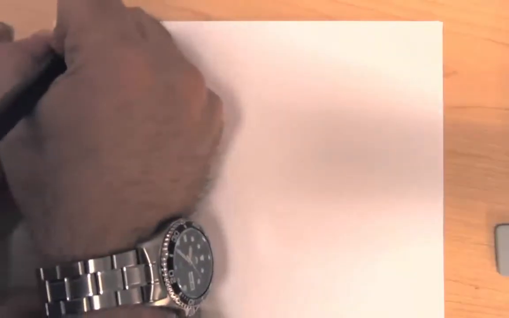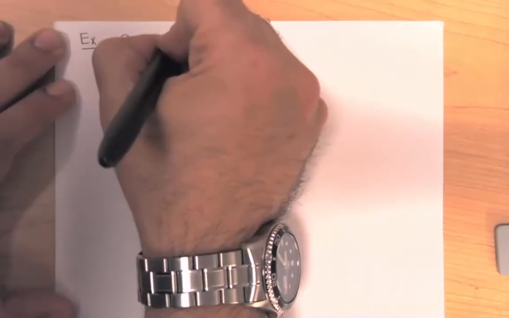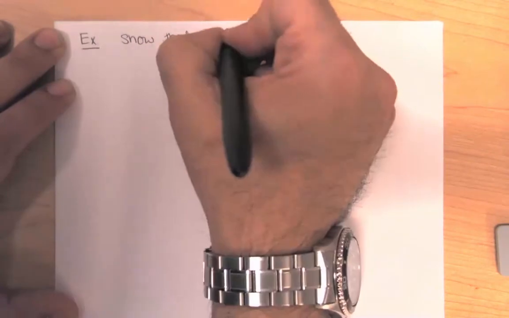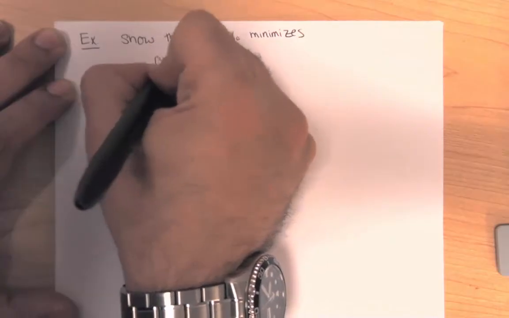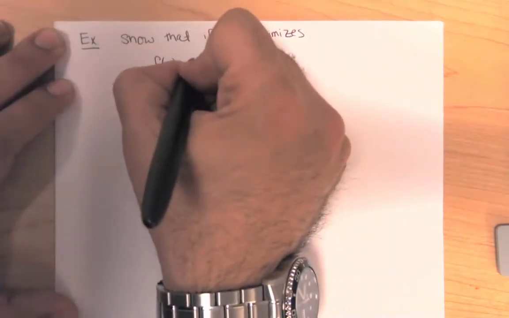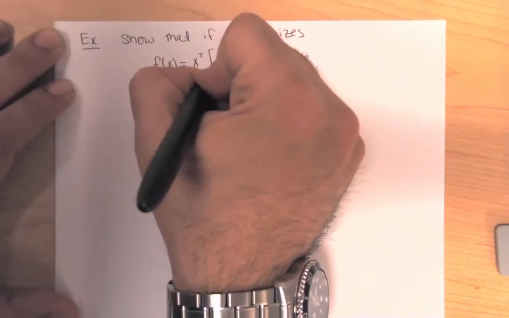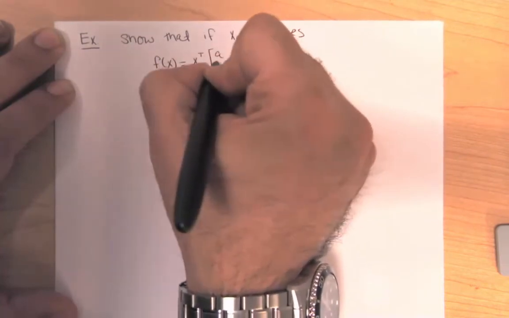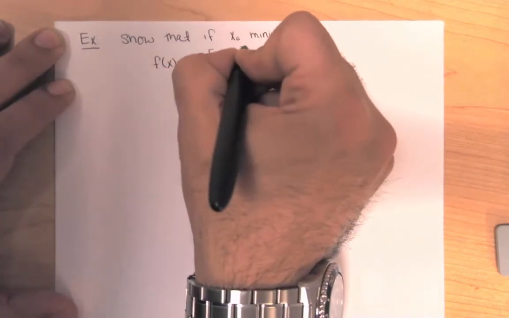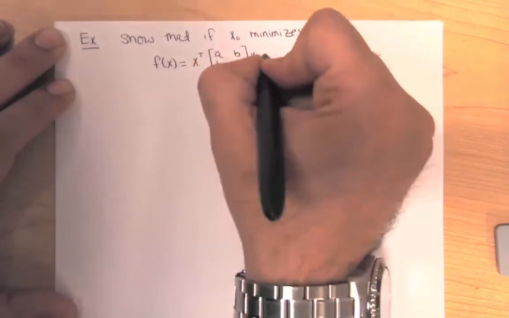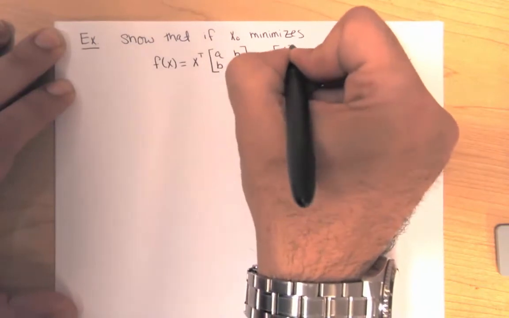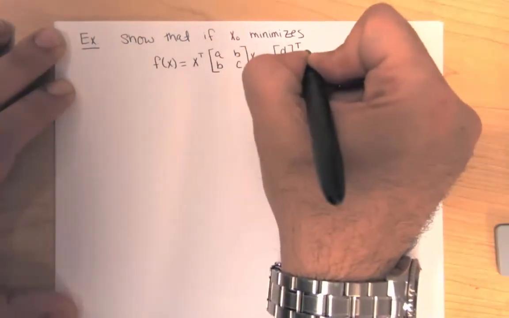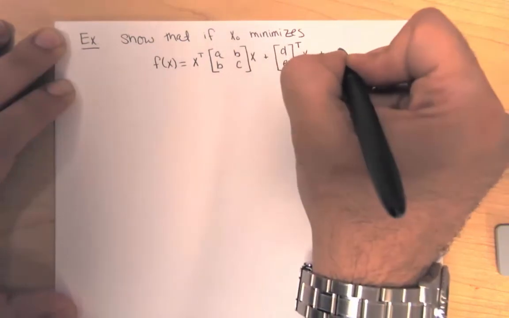So let's work out an example. Let's show that if x naught minimizes f of x equals 1/2 x transpose times the matrix A, B, B, C times x plus D, E transpose times x plus g.